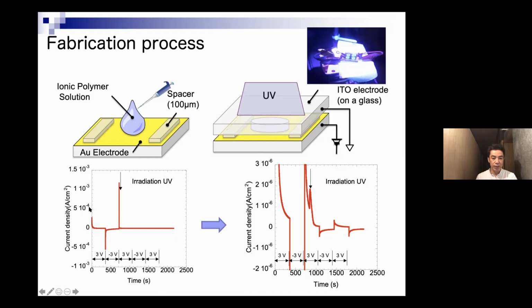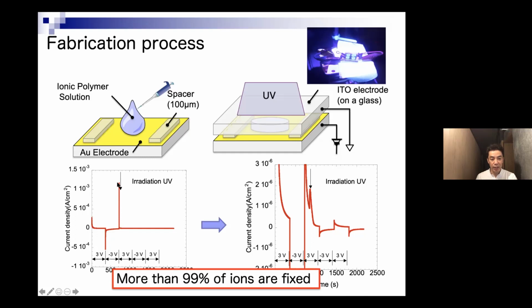Before the irradiation of UV light, if you apply a voltage and the electric double layer is formed, the current saturates close to zero. Then if you apply the opposite direction, the ions move again like this, and again we apply another opposite direction, and the current flows like this.